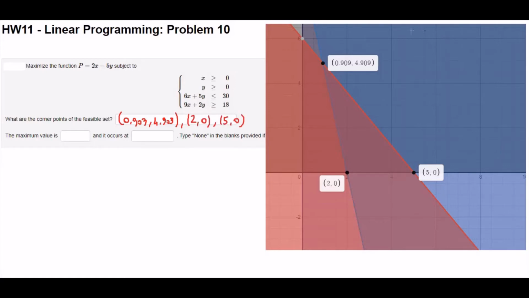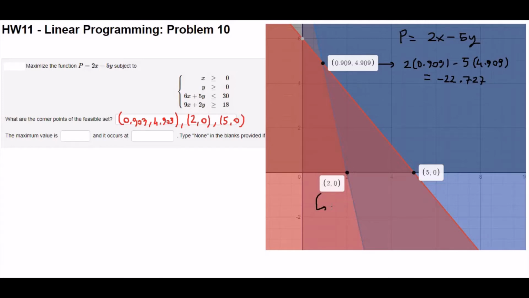Now we know that our objective function p is equal to 2x minus 5y, and at this point it is 2 times 0.909 minus 5 times 4.909, and this value is equal to negative 22.727.